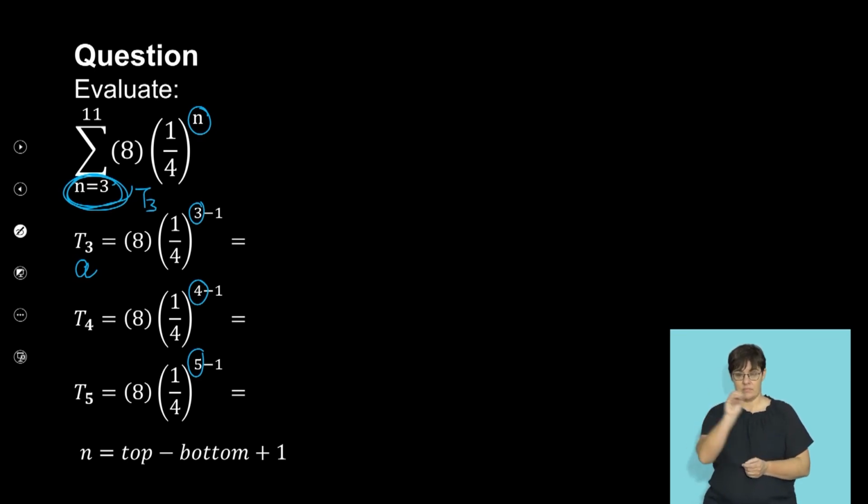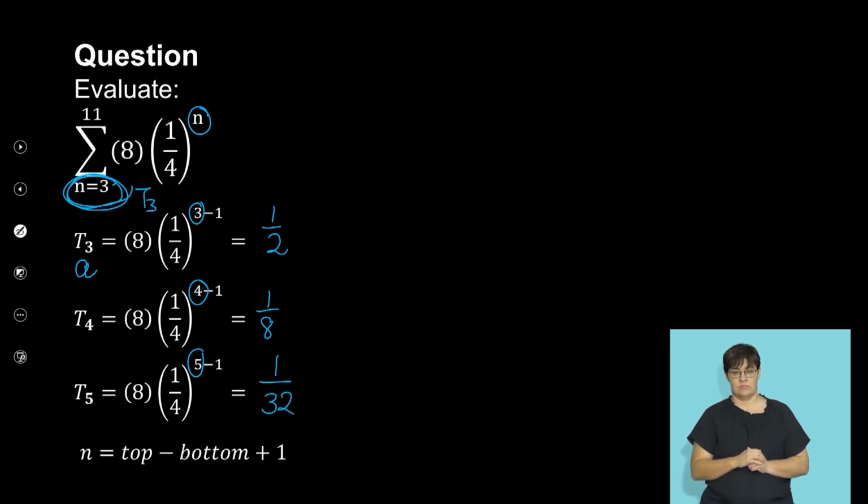If you plug these 3 into your calculator, you will get a half, then an eighth, then 1 over 32. Those are the first 3 terms of this particular sequence, which actually creates our series.